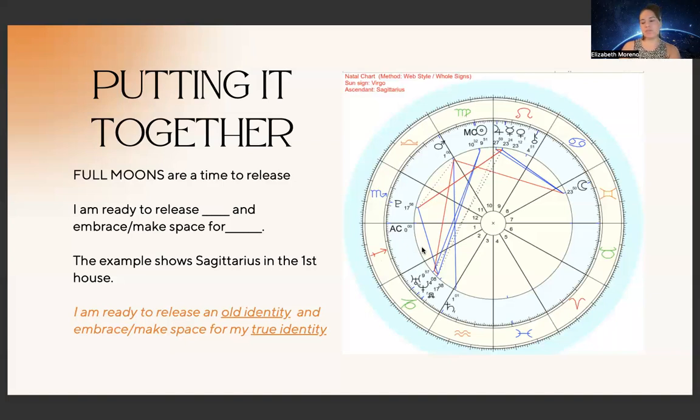It goes hand in hand. So for you, if your Sag is also in your first house, then the full moon in Scorpio was your 12th house.